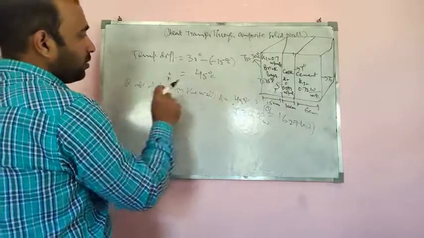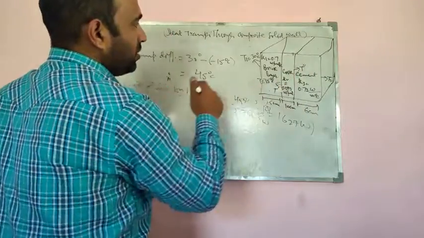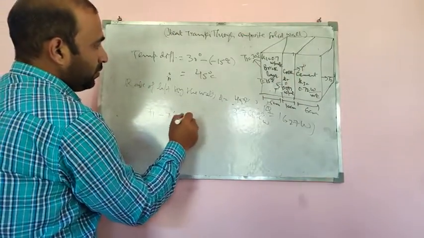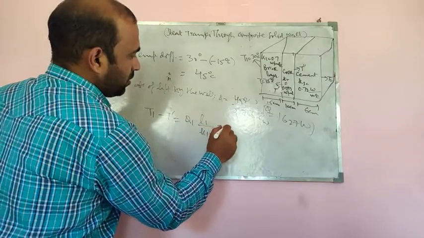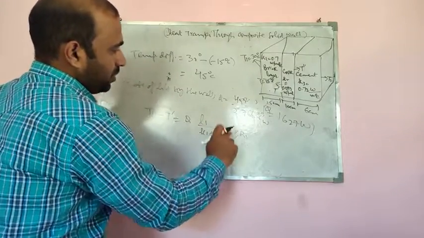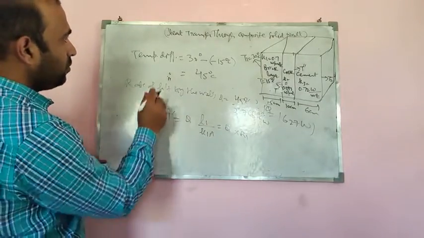Now we have to calculate the interface temperatures between these layers, the brick and cork layers, and then the cork and cement layers. So T1 minus T dash can be written as Q L1 by K1A, or Q into R1. Sorry, this will be Q, because Q will be the same throughout the layers.